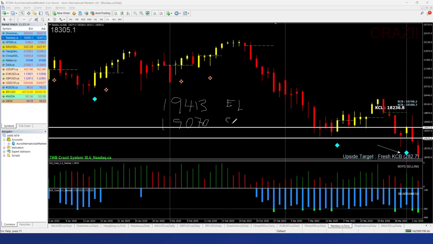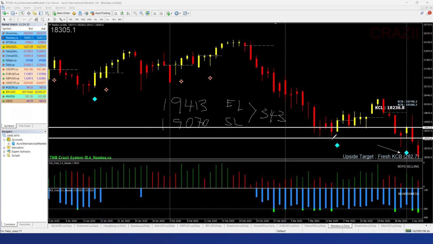So this is my stop loss level. So the range here is how much? 19413 minus 19070. What's my range? Everybody calculate for me. 343. Wow, very fast. So that is my range for my day chart for NASDAQ.